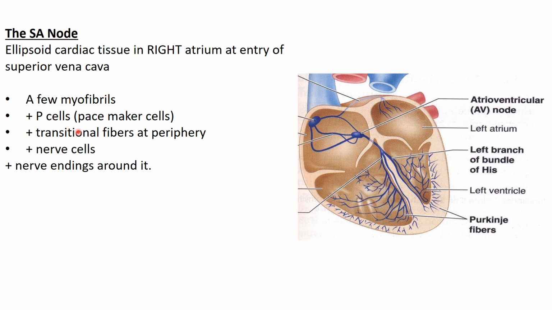Along with that, there are transitional fibers at the periphery of this node. So the conducting tissue is going to join the contractile tissue by transitional fibers, and it has got nerve cells in it. These nerve cells are receiving nerve endings. Okay, here. Should we go ahead?